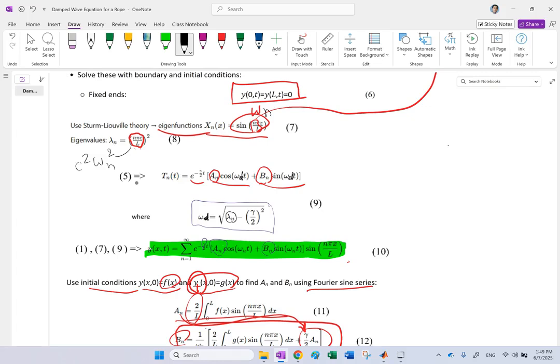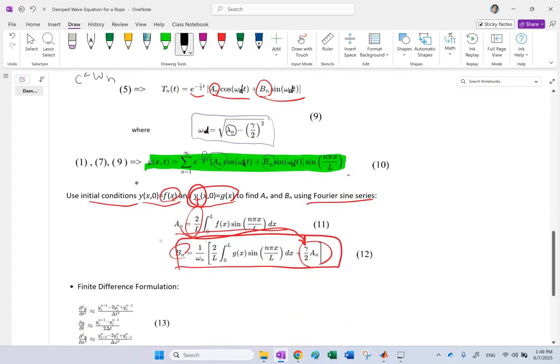So if that is the case, then I would like to call these also omega d. It is a lot more appropriate to call it the damped frequency instead of also calling it omega n. So there we go. You have your final solution.